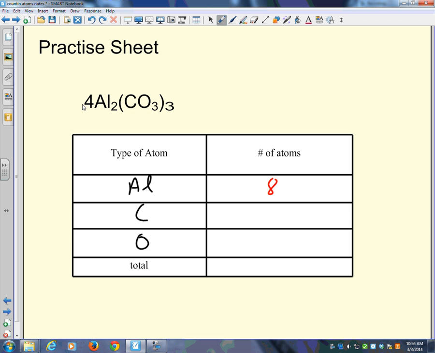I've got 3 CO3s, so 3 C's, but there's 4 of those, so 12. And here I got O3, but there's 3 of those, that's 9 times 4. 9 times 4? 36, isn't it? Yeah. 3 times 3 is 9. Times 4 is 36.